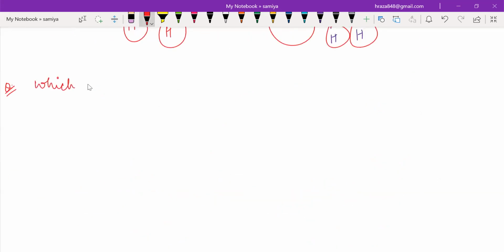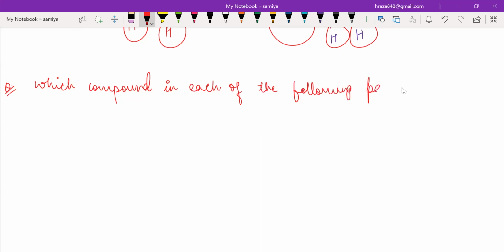Which compound in each of the following pairs will react faster in SN2 reaction with OH minus?